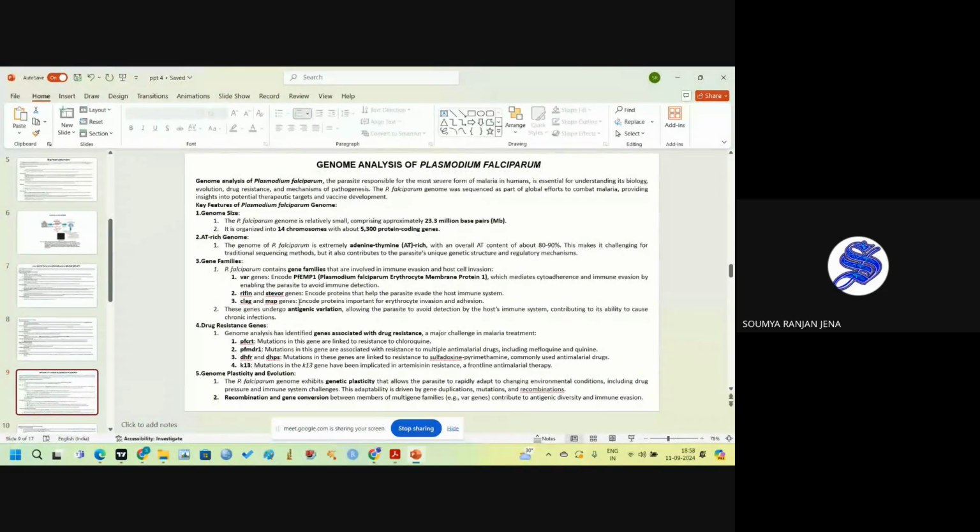And there are also other types of disease genes like rifin, stevor genes, or clag or msp genes. These are also analyzed, and these genes undergo antigenic variation due to switching of the var genes. This switching causes antigenic variation, allowing the parasite to avoid detection by the host immune system, contributing to its ability to cause chronic infection.